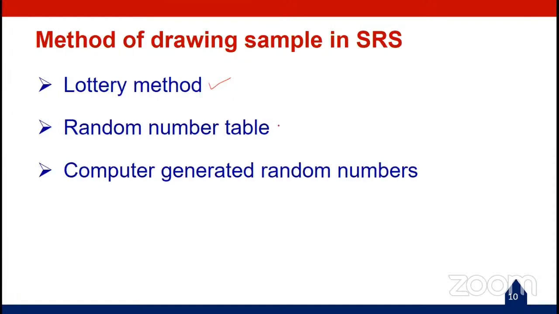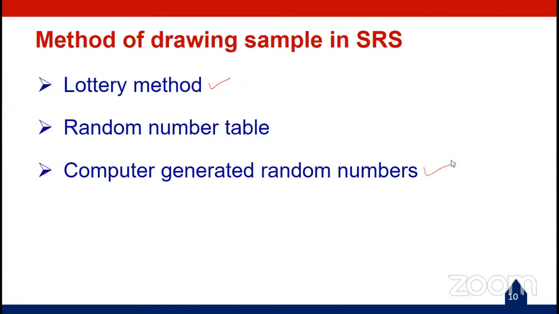We can also use a random number table. A random number table is readily available, and using it we can generate 20 numbers between 1 and 250, and we can select those individuals. Similarly, we can use a computer to generate the 20 random numbers between 1 and 250, so that we would be able to select these 20 individuals.